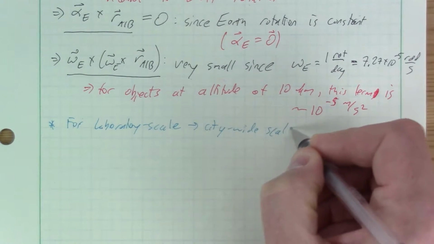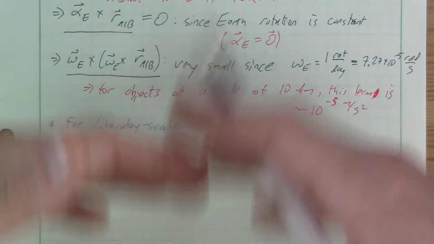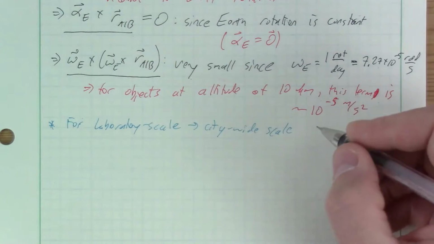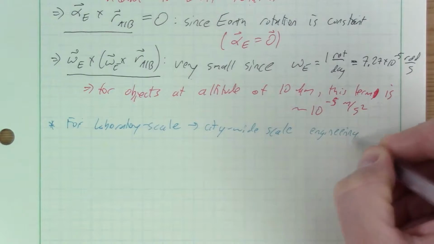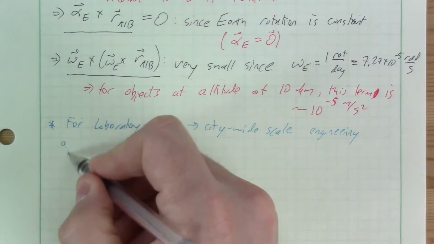So I think anything more than citywide, what I mean is like how wind sweeps through a city or a region of the country, let's say. Anything on these scales, and the engineering applications for laboratory scale up to citywide scale engineering applications.